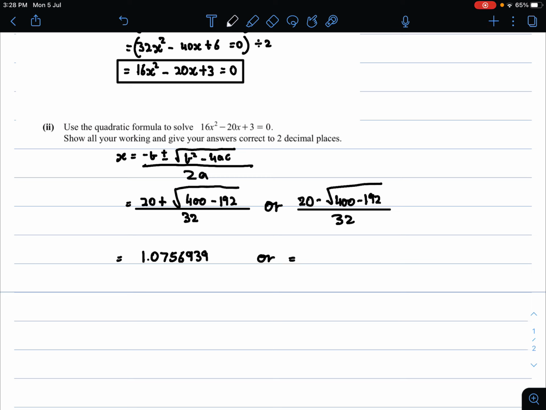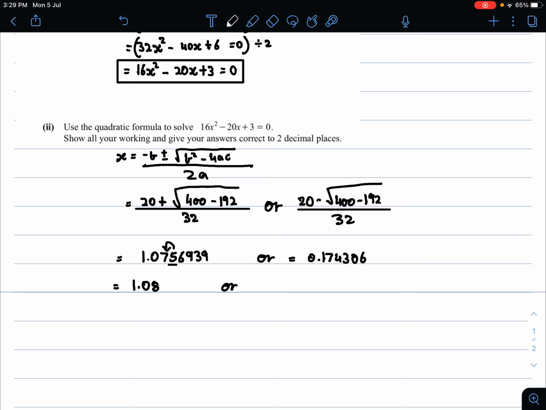Or you will get your answer in the second scenario. So root 208, 20 minus that, and whole thing divided by 32. So you will get 0.174306. So they are telling us to give our answer to 2 decimal places. Therefore, our final answers will be 1.08, because the number to the right of the second decimal place is a 5, therefore it will round off the 7 to the next number.